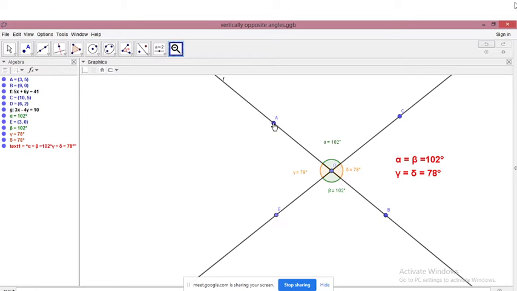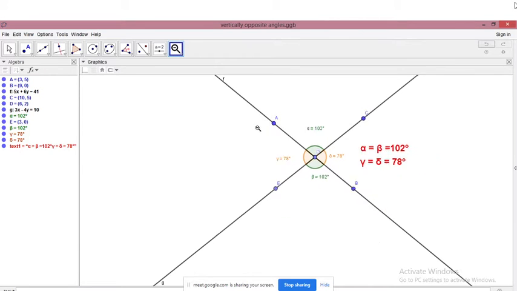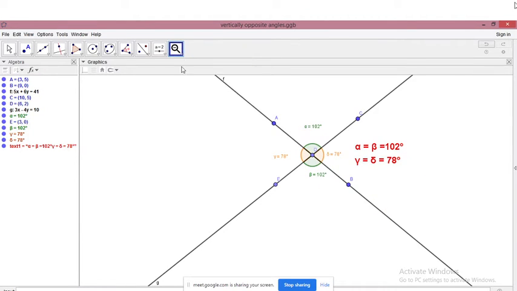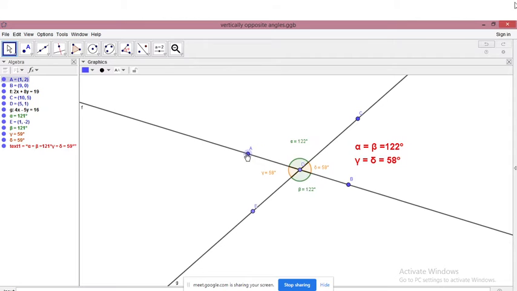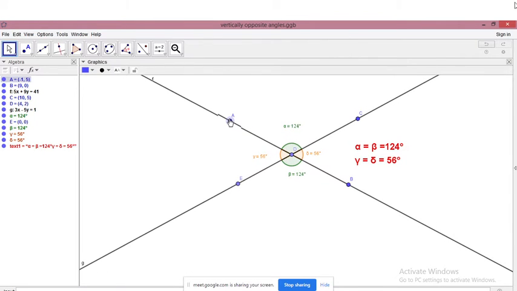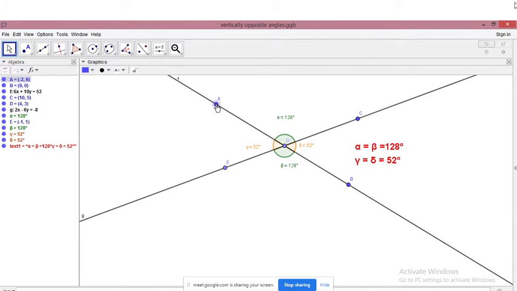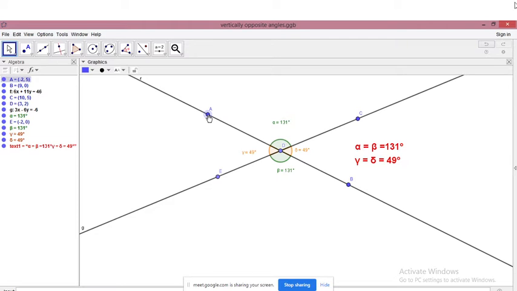So let's see that. When I change the points, now what is happening? Are they changing equally? Whenever angle alpha is changing, angle beta is also changing, and they are always equal. Now angle alpha is 131 degrees, now 102 degrees.